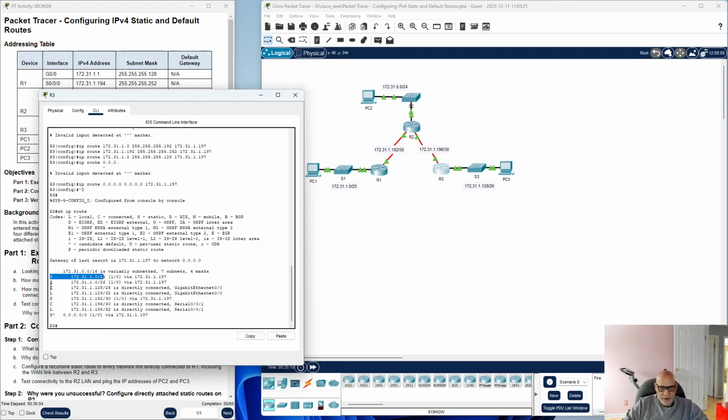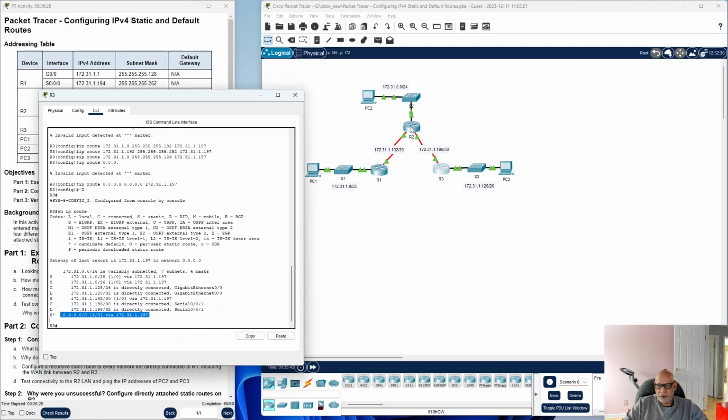So we have the 1, 2 which we created, and 3 static routes, right? And S with an asterisk specifies the default route.